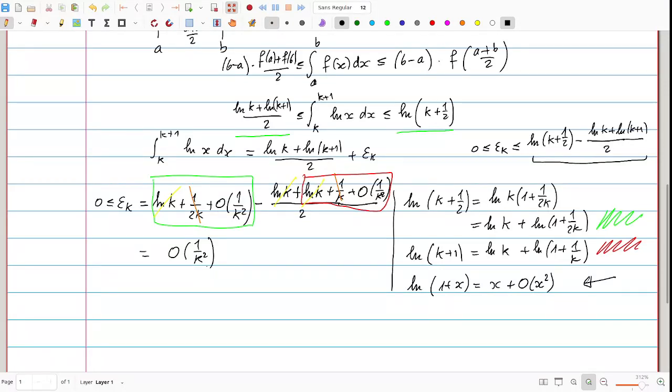This is the only information we need, because recall that this is enough to say that the sum of epsilon k converges. This is the series of positive terms, equal to some constant. Let's call it epsilon, a convergent real number.